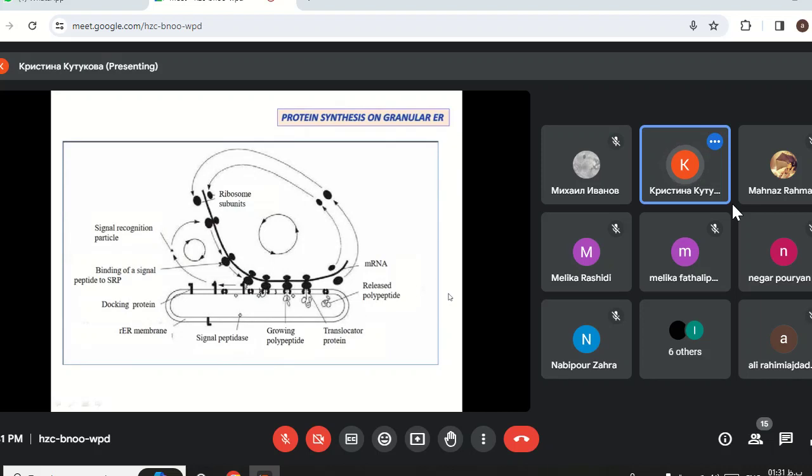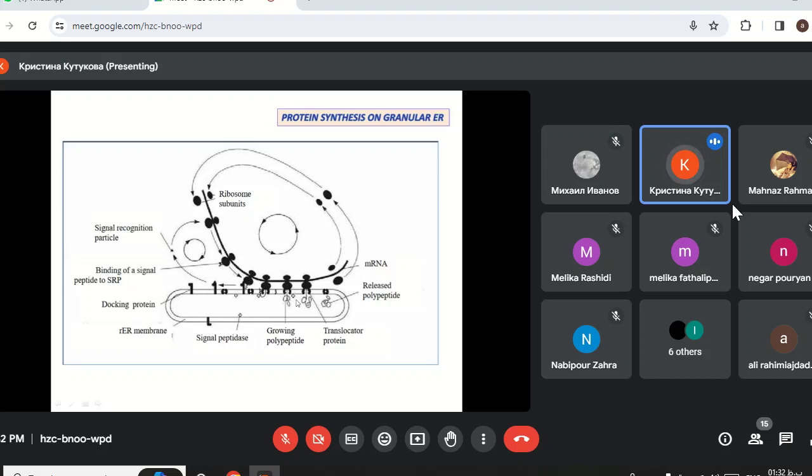Here you can see the process of protein synthesis on the granular or rough endoplasmic reticulum. So this is the matrix informational RNA upon which ribosomal subunits are attached. Then these ribosomes attach to the surface of the rough endoplasmic reticulum membrane, and then they start to produce protein which goes inside the internal space of the rough endoplasmic reticulum here.